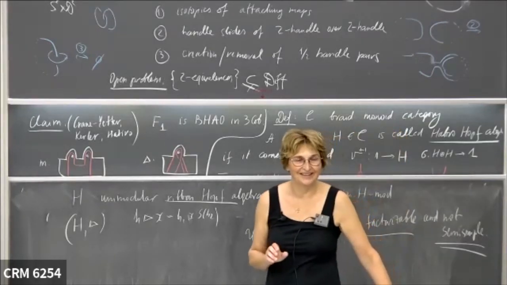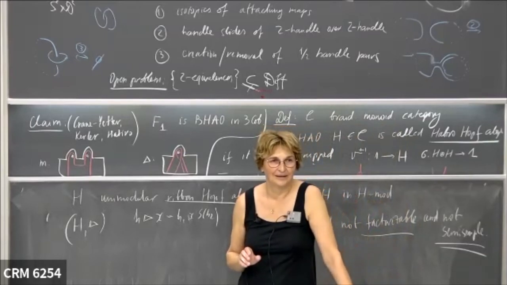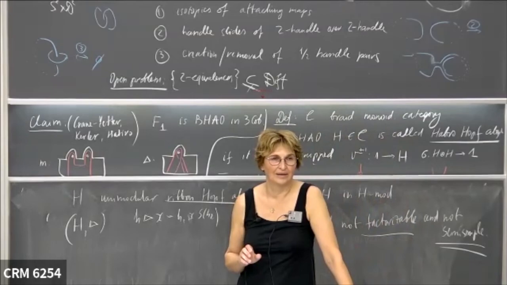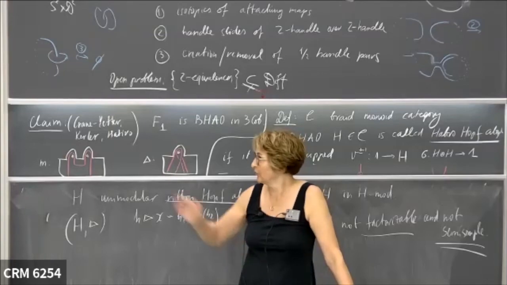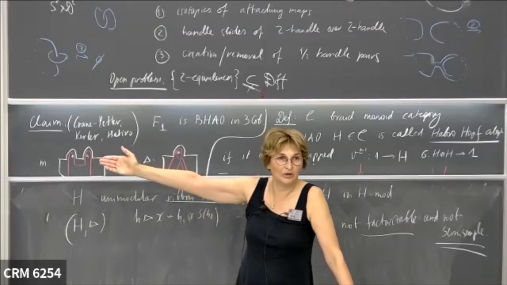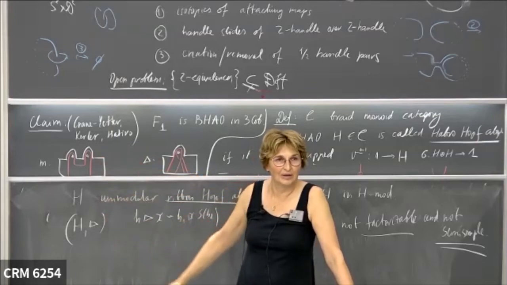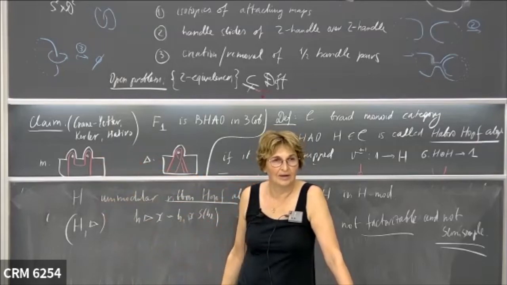And the base, the braided category which it lives in, do you want that to be non-degenerate or degenerate? So you're looking for a non-factorizable algebra in a braided category. Do you expect the category itself to be something in particular?